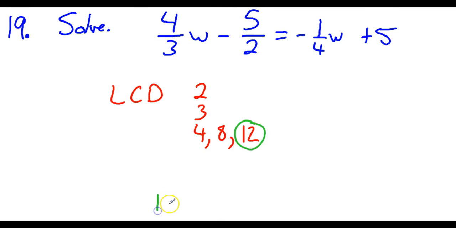Okay, so every number that we have, again, you could rewrite all the fractions with denominator 12, but the easier thing to do was to take every single number here. I'm going to start on the left because it might take a little bit of room, and multiply every single number by 12.